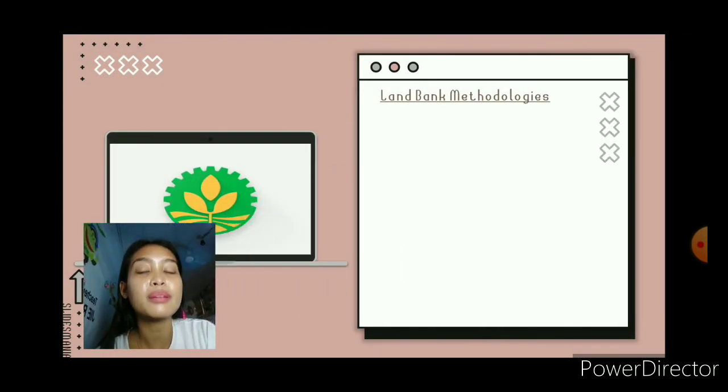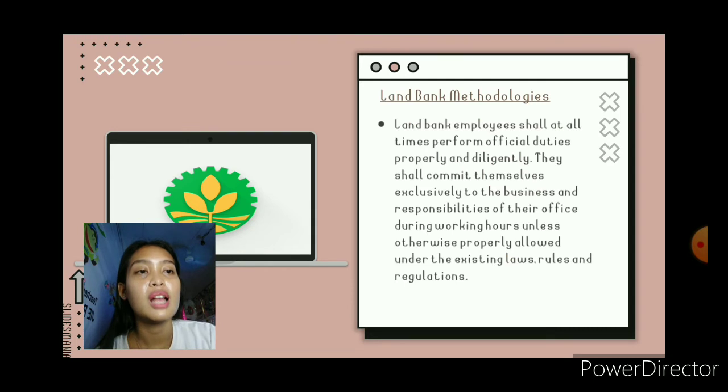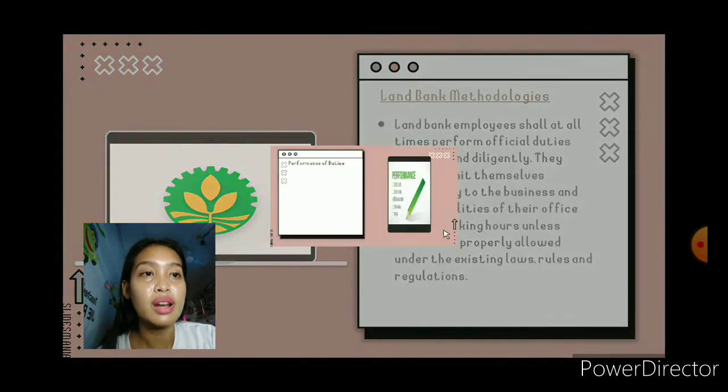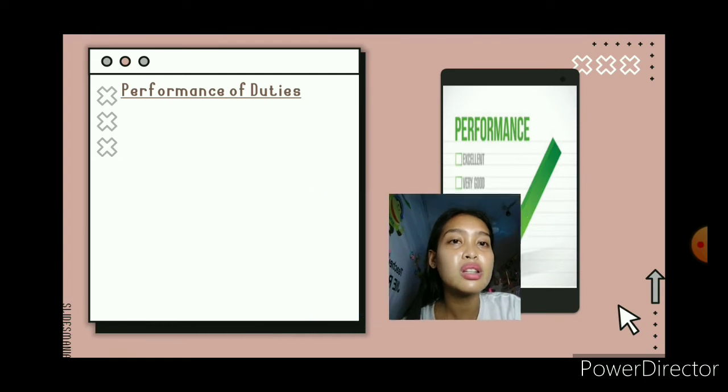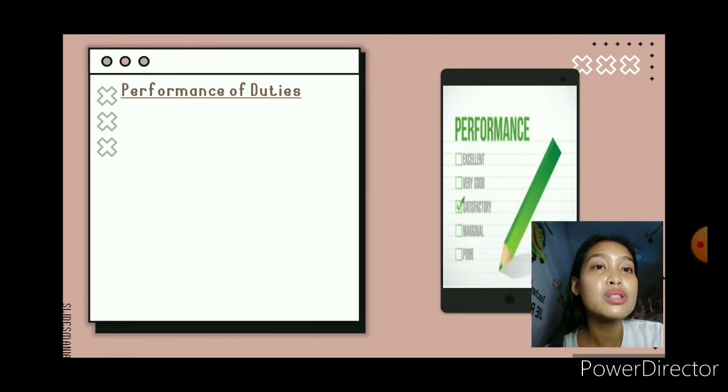Land Bank methodologies. Land Bank employees shall at all times perform official duties properly and diligently. They shall commit themselves exclusively to the business and responsibilities of their office during working hours unless otherwise properly allowed under the existing laws, rules, and regulations. So these are the performance duties needed from the Land Bank employees.